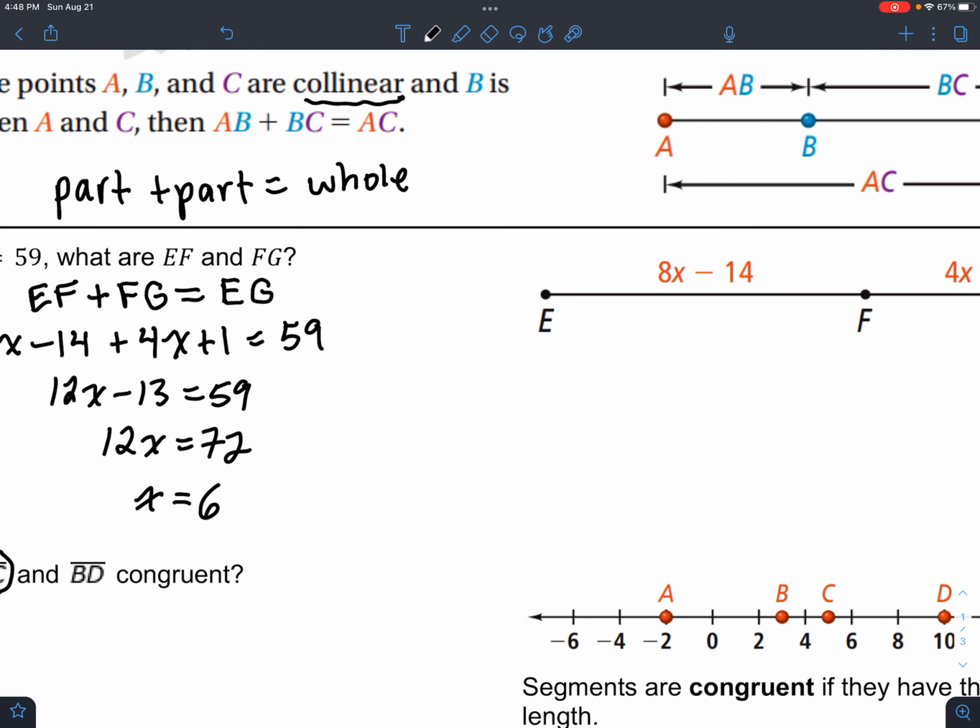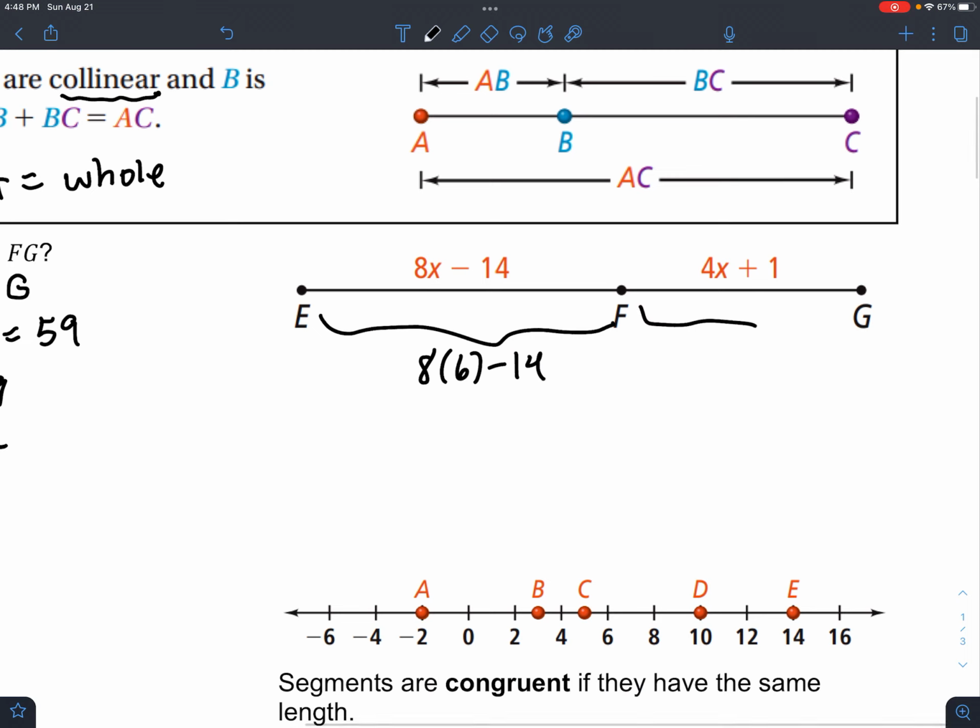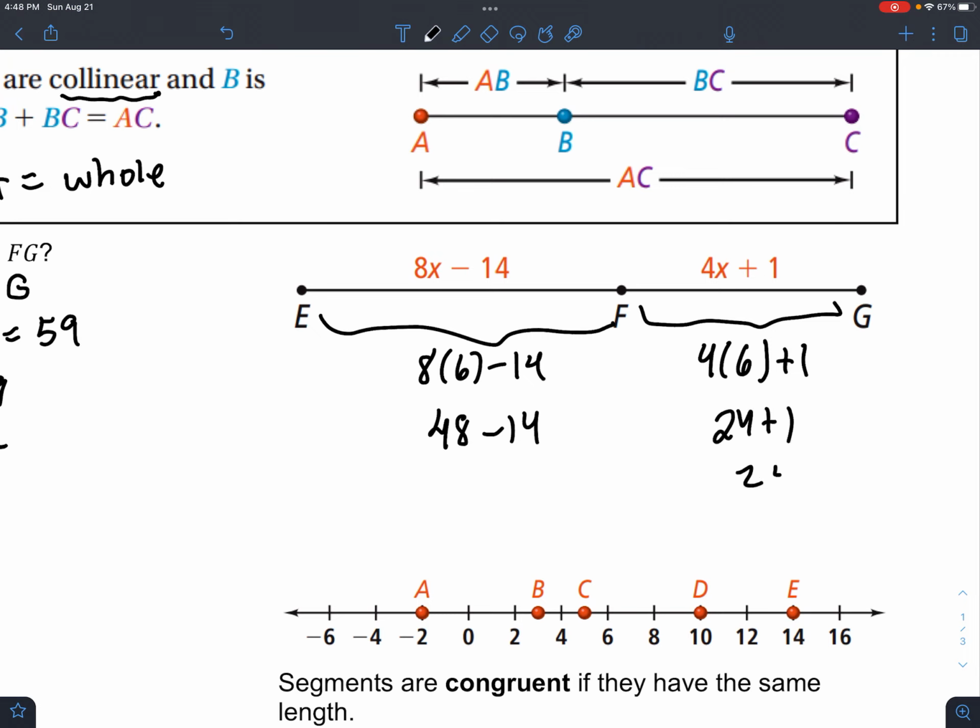So what does that mean? It really means that you could plug back in 6 and get the actual distance of this thing. Right? So this is 48 minus 14, and this is 24 plus 1, 25, and 34.